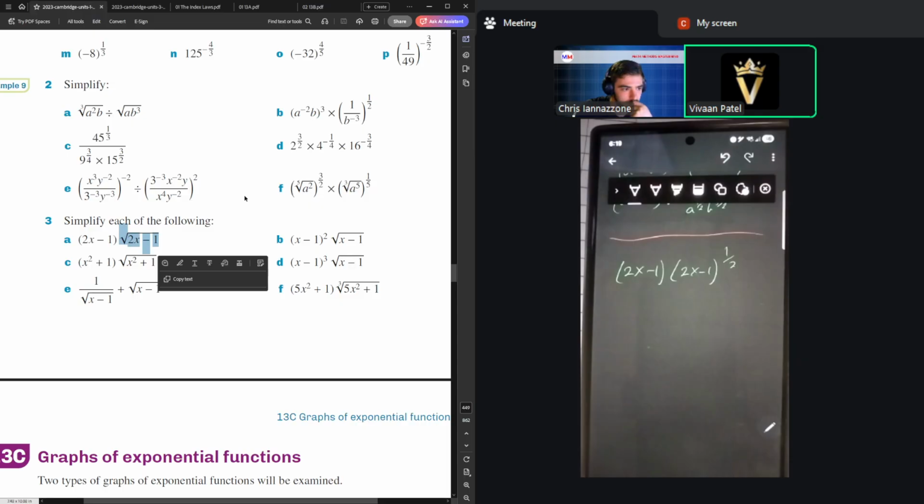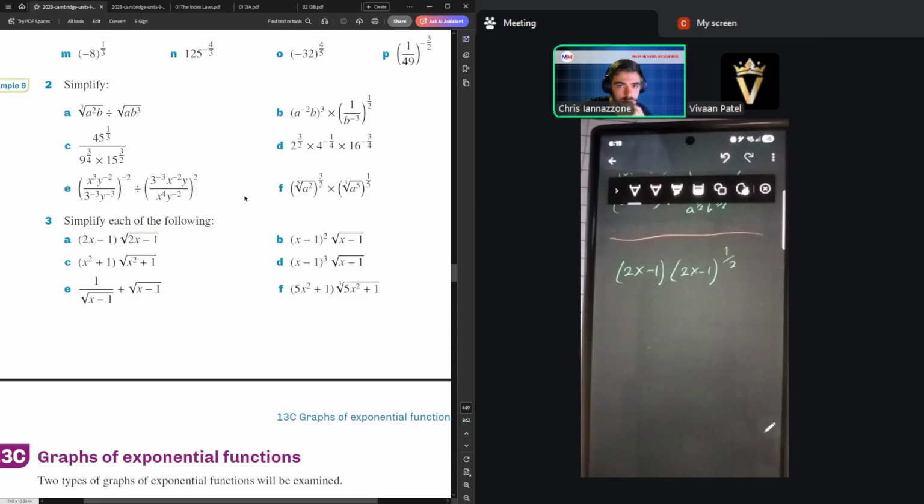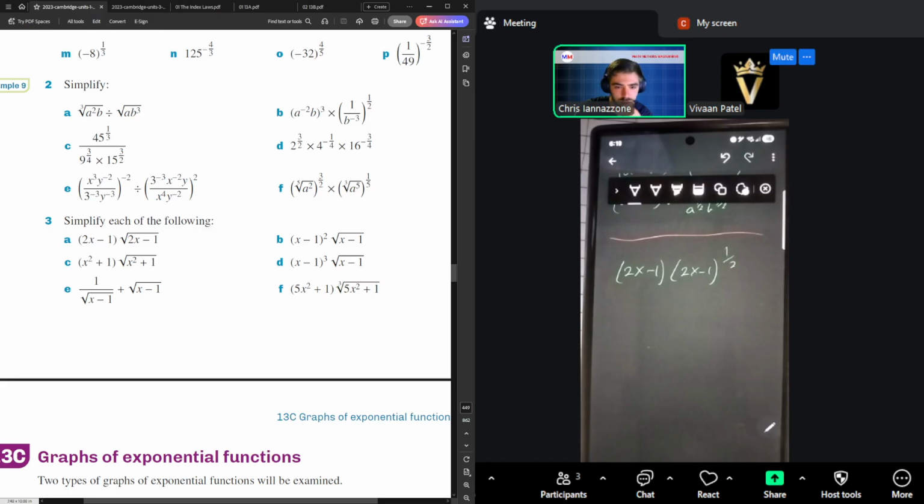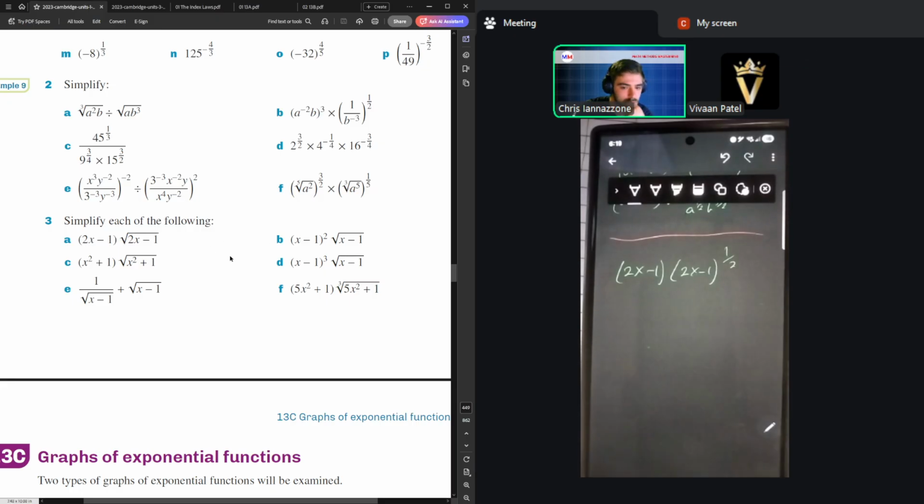Would it be 2 over 2x minus 1 or 2x minus 1 over 2? Neither. The half will be in the power of the whole thing. So if you have a look at the handwritten note bit, I've got the copy written down there. Oh, okay, yeah. So the roots stuff will only ever go into powers.